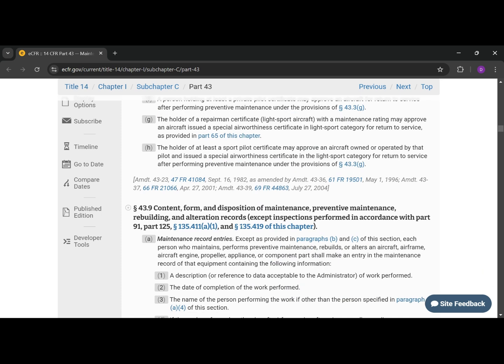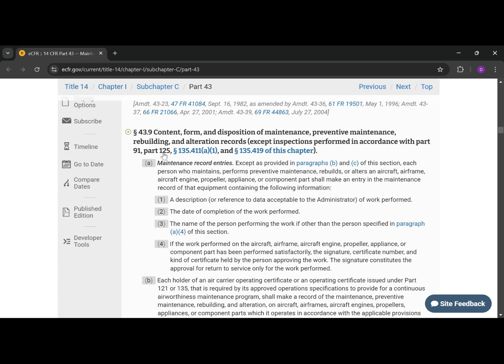Up next, we have 43.9, content, form, and disposition of maintenance, preventative maintenance, rebuilding, and alteration records, except inspections performed in accordance with Part 91, Part 125, 135.411(a)(1), and 135.419 of this chapter. Maintenance record entries, except as provided in paragraphs (b) and (c) of this section.